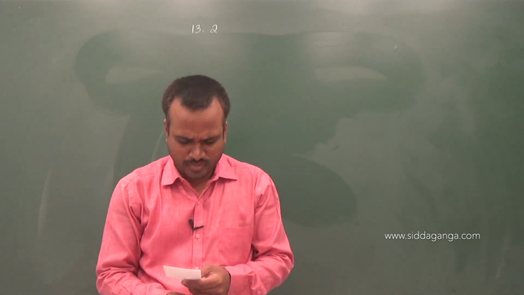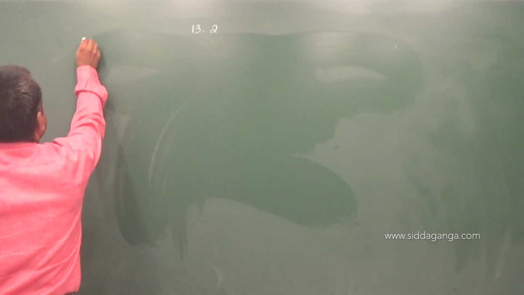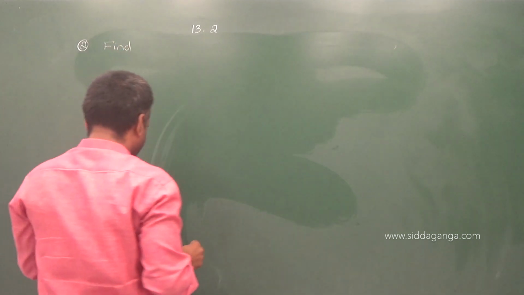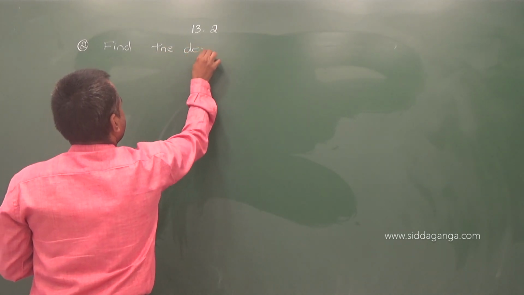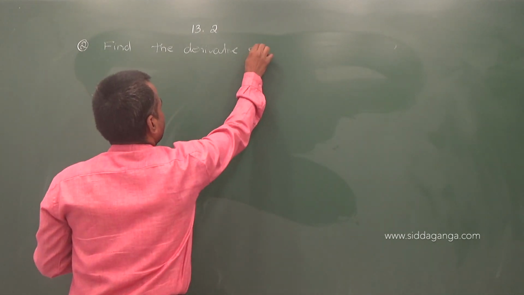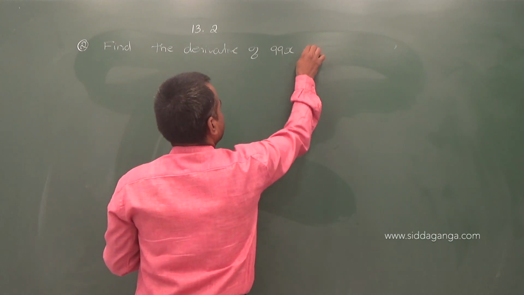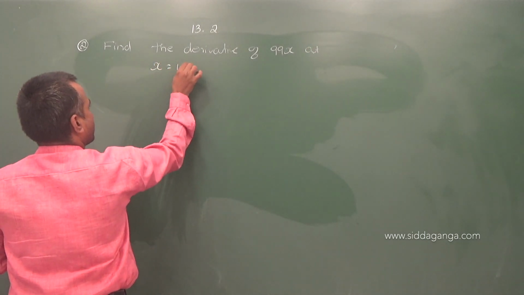Next problem, the second question. Find the derivative of 99x at x is equal to 100.